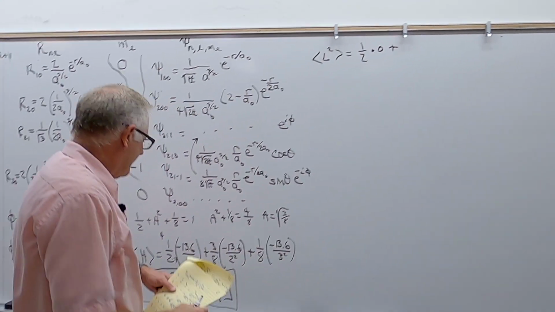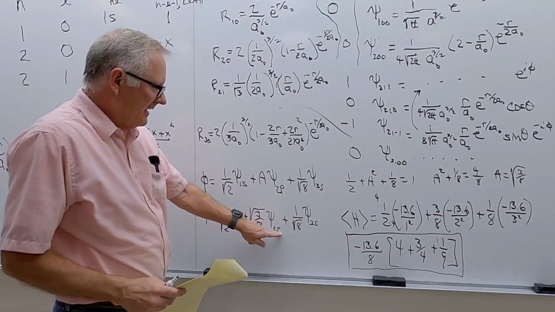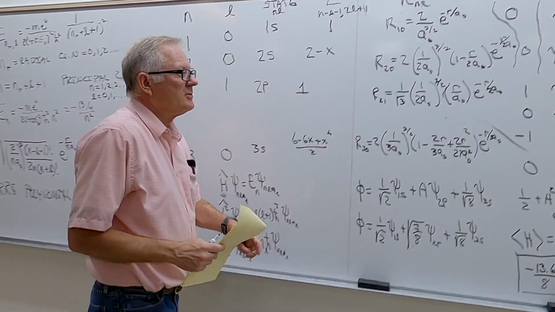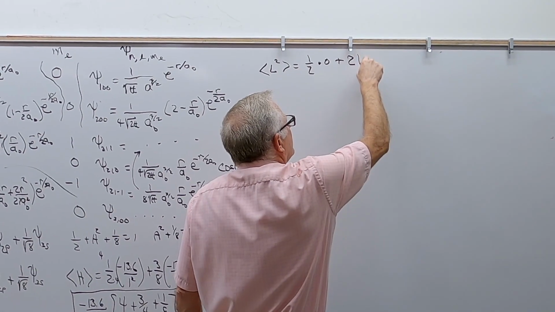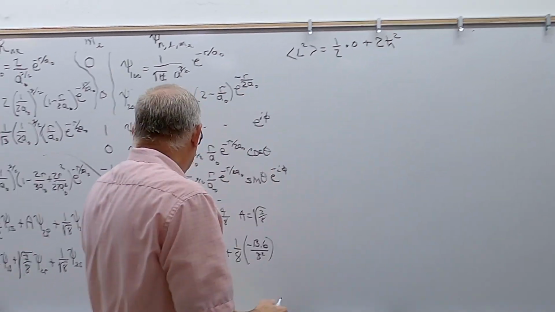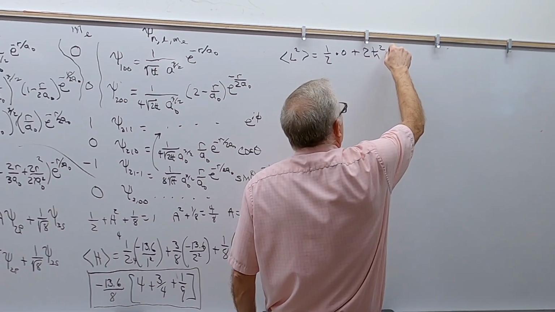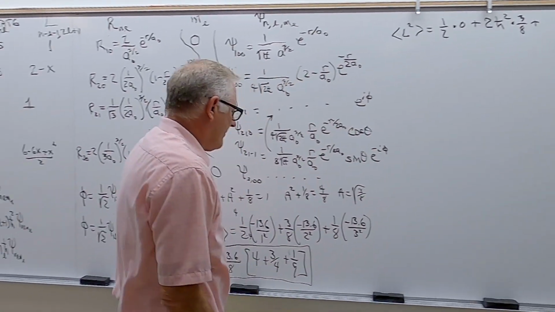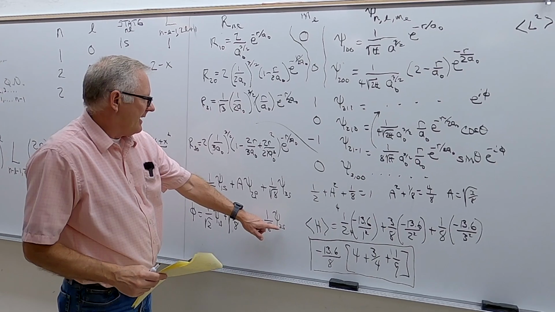Plus, the next state right here is the P state, that's L equals 1. L equals 1 is 2h bar squared, times that probability, which we already said was 3/8. Plus the third one was the SP, that was an S state.